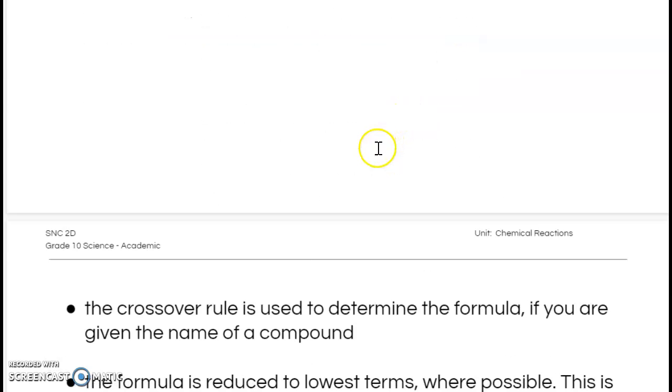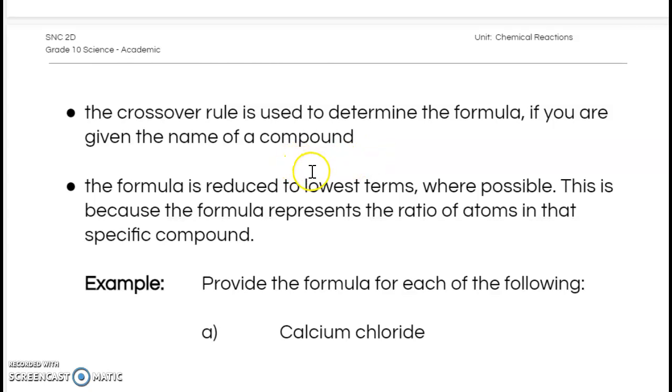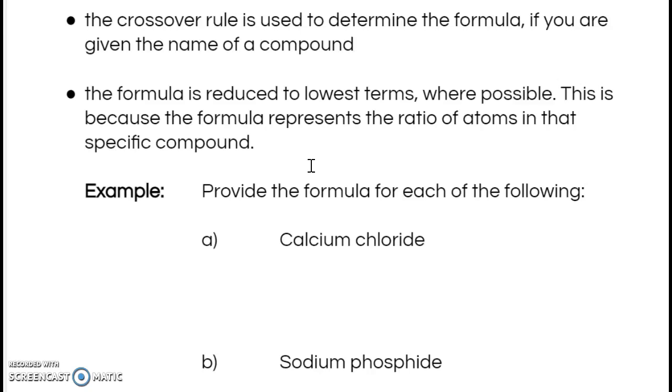of the non-metal name. The crossover rule is used to determine the formula, and we discussed the crossover rule again in the last ionic compound lesson. If you are given the name of a compound, the formula is reduced to lowest terms where possible. This is because the formula does not represent the actual number of atoms; you remember that it represents the ratio of atoms in that specific compound.